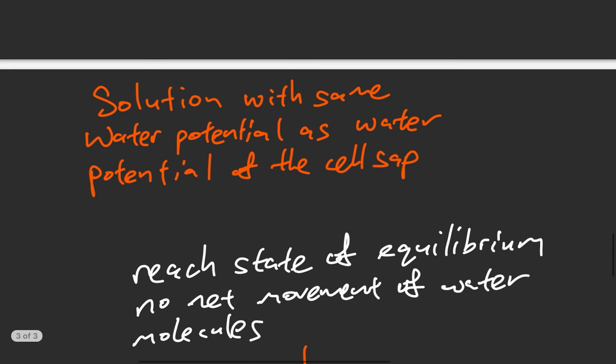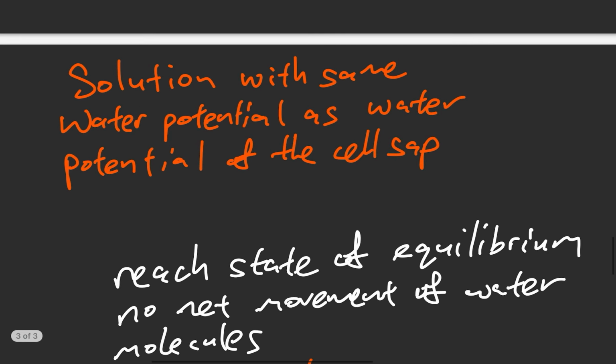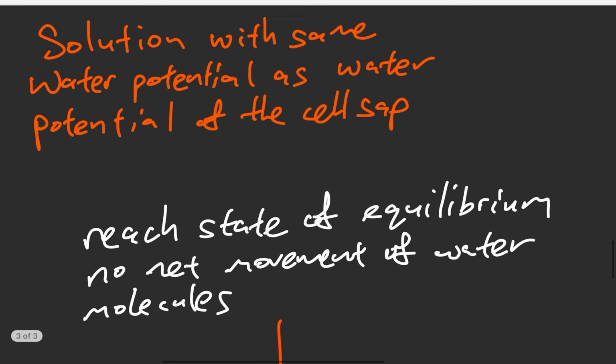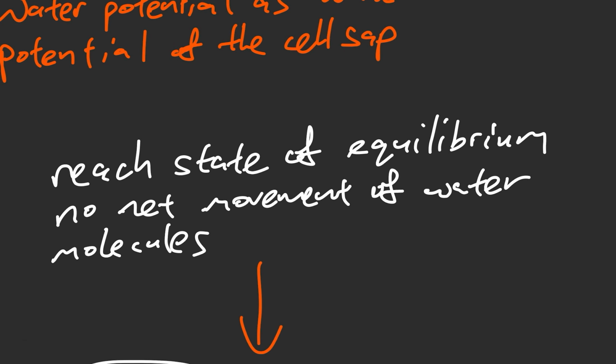Alright. Okay, so next thing I want to do is, what if we put the cells into a solution with the same water potential as the cell sap? So with this, we can say that it has reached a state of equilibrium and there is no net movement of water molecules.